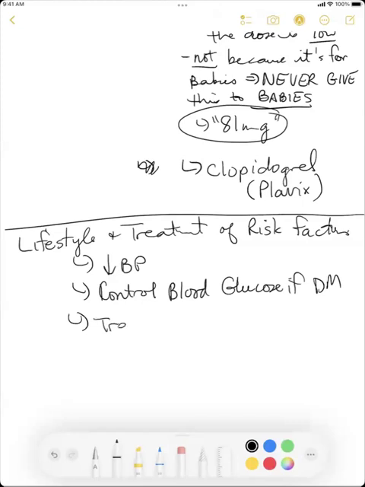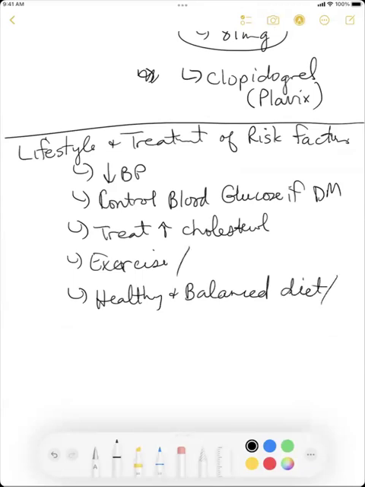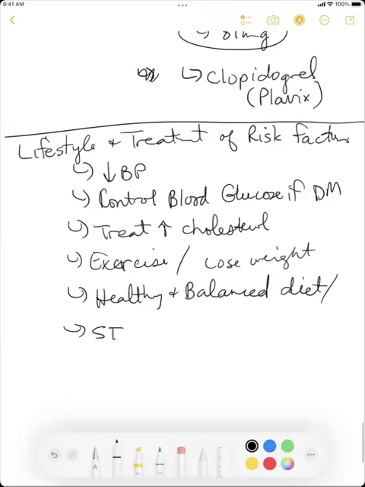Treat high cholesterol. Exercise. Initiate a healthy and balanced diet. Lose weight if overweight. And then last but not least, you probably guessed it, stop smoking.